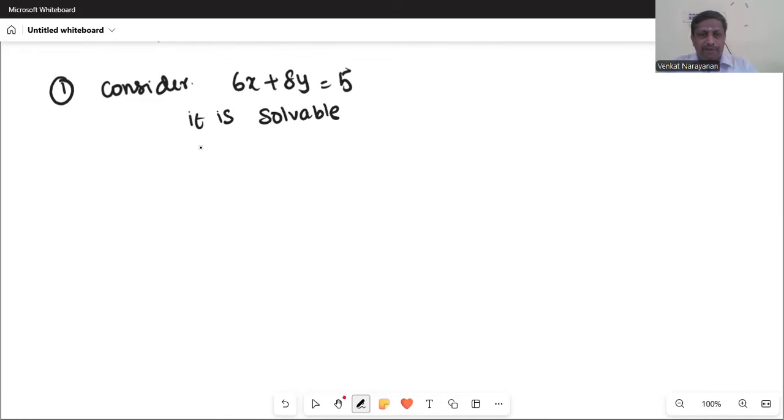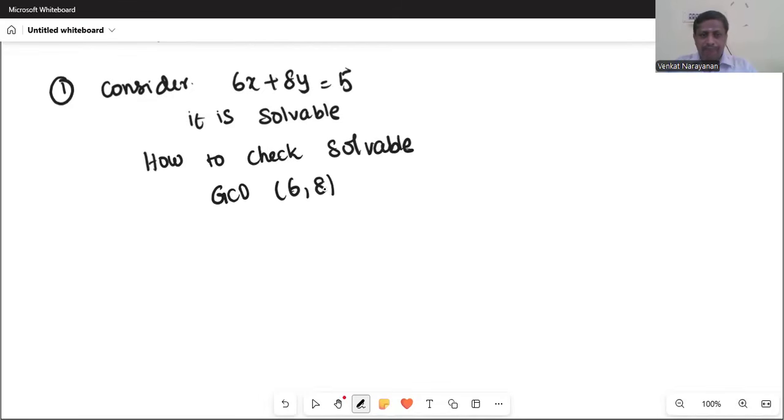How to check whether it is solvable? First step, we find the GCD of 6 and 8. The GCD must divide 5; then we can say it is solvable.